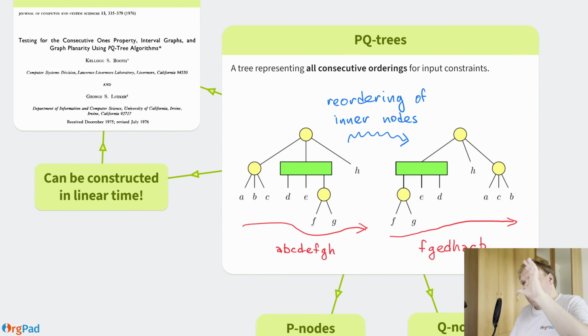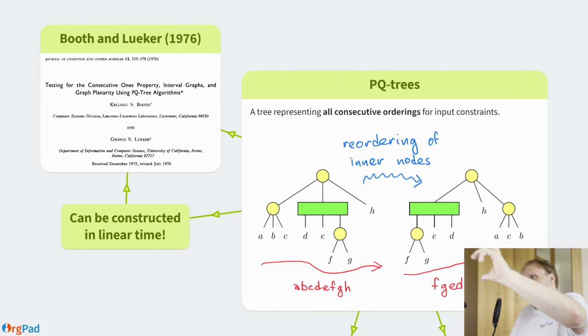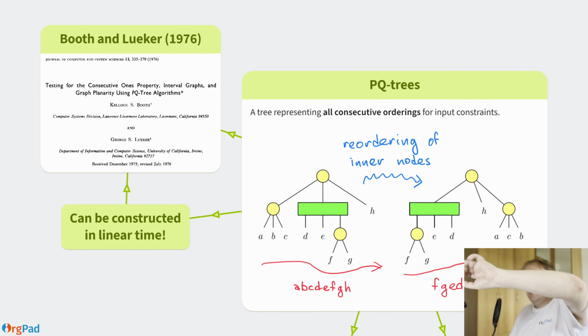And so what they were able to show is that for every constraints input, either there is no solution, so the PQ-tree will be empty, or it exists and it fully describes all correct solutions, and further it can be constructed in linear time.